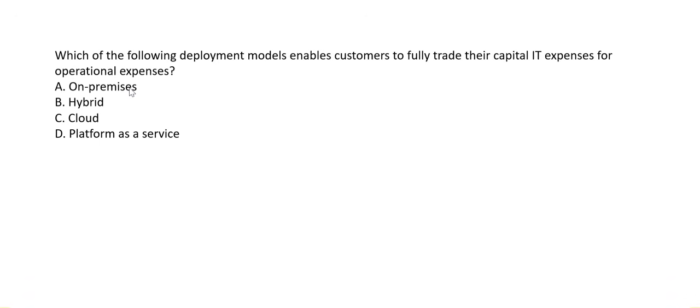Otherwise, everything is operational. Platform as a service: this option doesn't suggest whether the platform as a service is on cloud or not. You can also create a platform as a service in your on-premises infrastructure. So if you're not on cloud, you are not going to fully trade your capital expenses. And option C is the right answer.